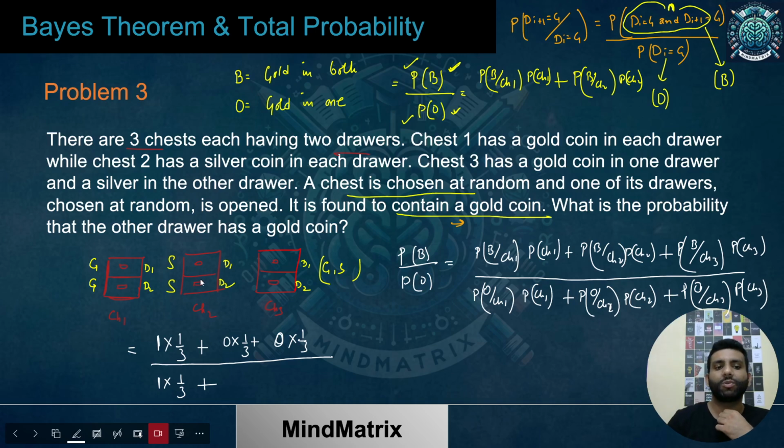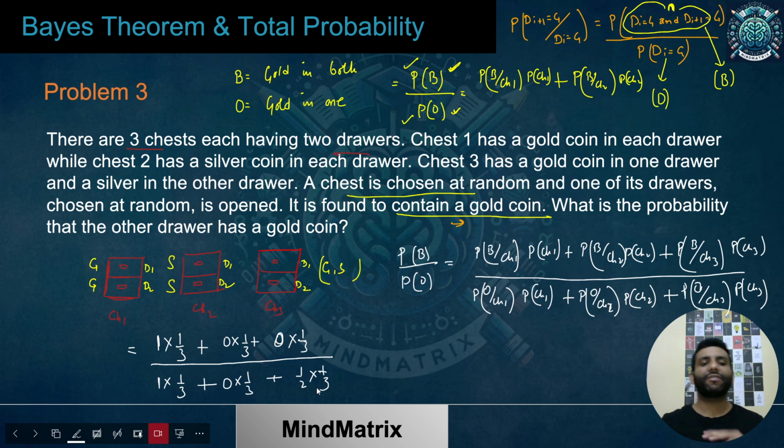Once both are silver, probability is 0 into 1 by 3, plus probability of getting one gold coin given chest 3 is chosen. I know one of them contains the gold coin, so the probability of getting a gold coin if I have chosen chest 3 is 1 by 2, into 1 by 3.